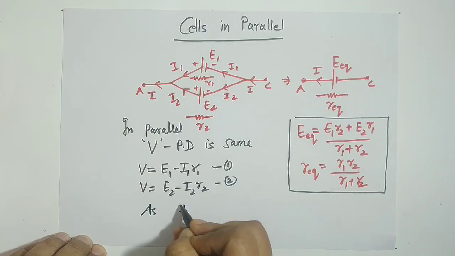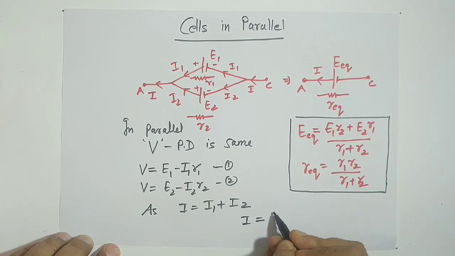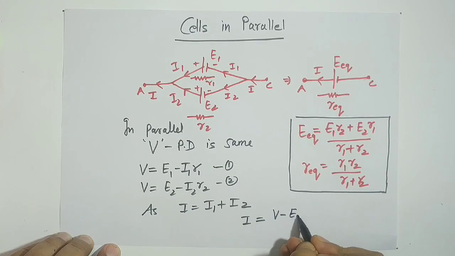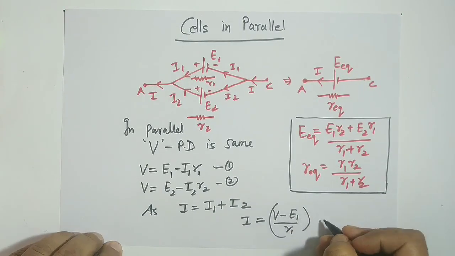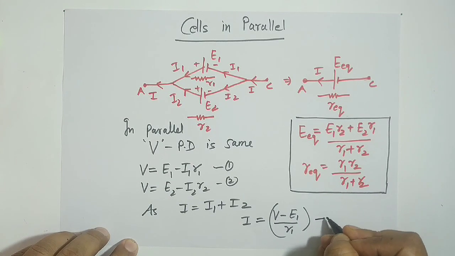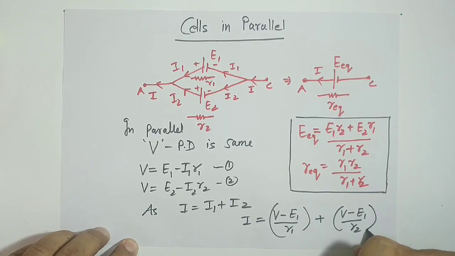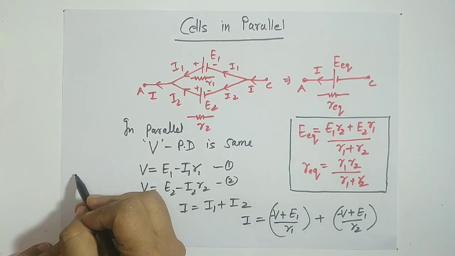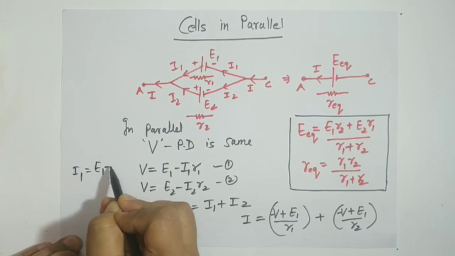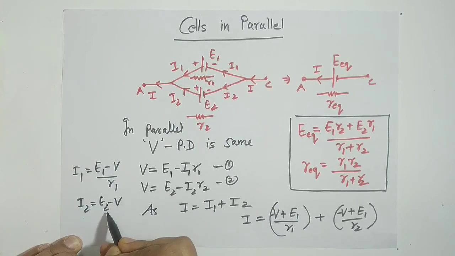And as we know, I is I1 plus I2. So in place of I1 I can write V minus E1 by R1, and similarly plus V minus E2 by R2, or we can say minus V plus E. If you see how we got it, I1 is E1 minus V by R1, and I2 is E2 minus V by R2.